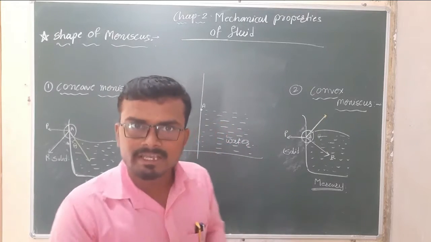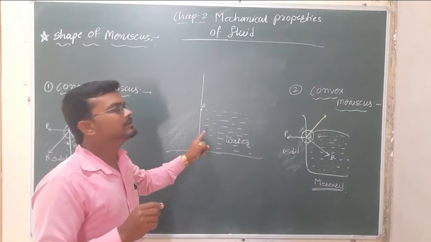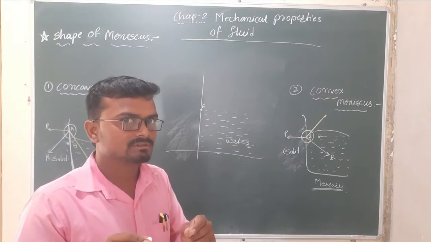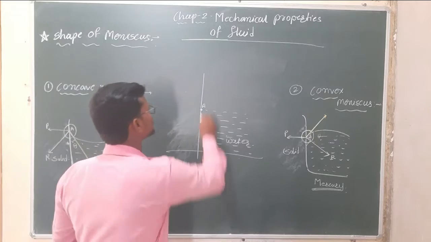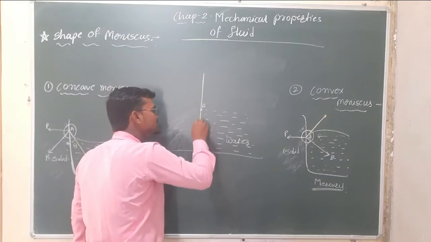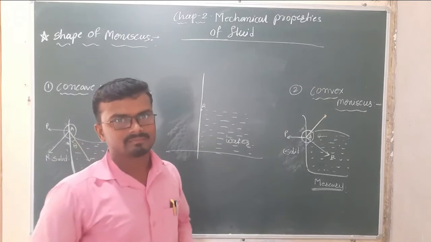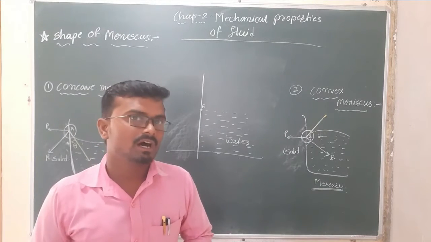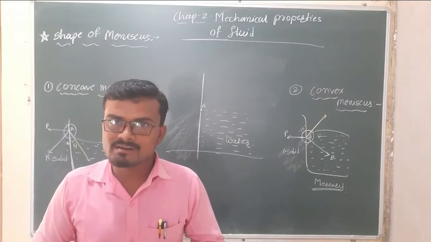Here, in such a type of liquid, or in a liquid which completely wets the solid, the number of molecules near the solid surface is very small.